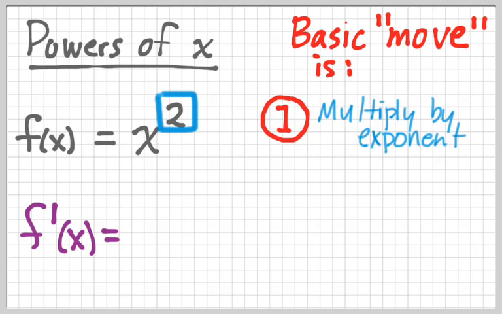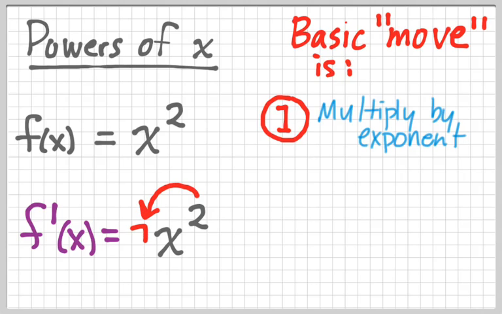So what that'll do for us is it'll turn x squared that we had before into, well, according to the first step, and here's how I usually diagram it, I'm just going to take this 2 and kind of go like this with it. That's my first step. Multiply by the exponent.